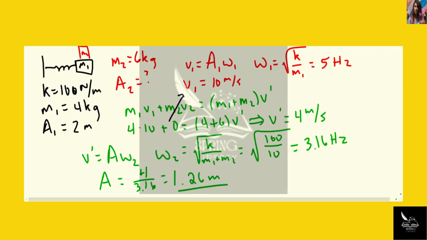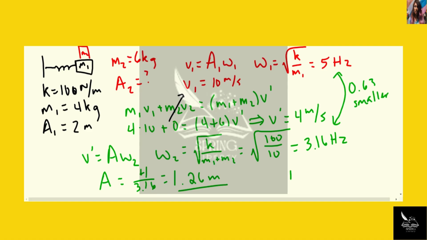Right? So the problem wants more than that. It wants to know how the period has changed, right? And by how much. And we can actually see here that the frequency, right, got 3.16 divided by 5. It got 0.63 smaller, right?